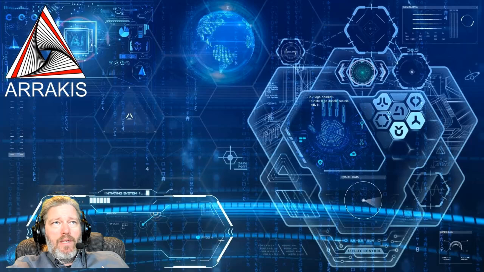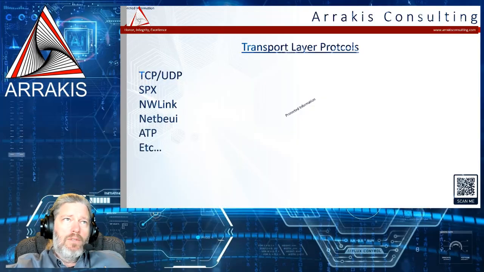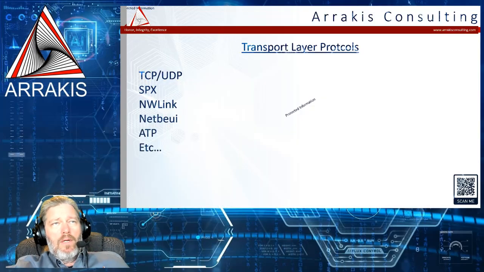Then you have NWLink, that is Microsoft's version of IPX/SPX when they tried to take over the server world, which they did successfully, by the way. NetBEUI, that's another Microsoft protocol. ATP stands for AppleTalk Transport Protocol. So pretty much if you see a protocol and the word transport is in it, then it's a layer 4 protocol, and so on.